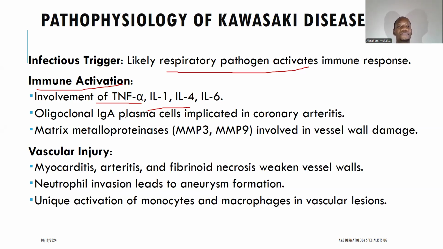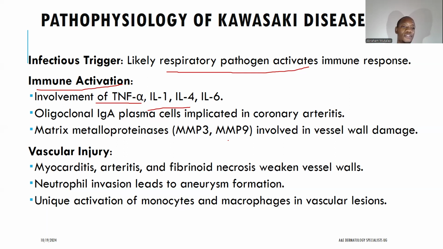Then other chemical mediators that have been implicated include the oligoclonal IgA plasma cells that are thought to cause the damage within the coronary arteries, but we also have a thought that there is activation of the matrix metalloproteases, especially MMP3 and MMP9, that eventually cause the degradation of the matrix connective tissue, causing the damage to the vascular wall that ends up presenting as aneurysms in these particular blood vessels.